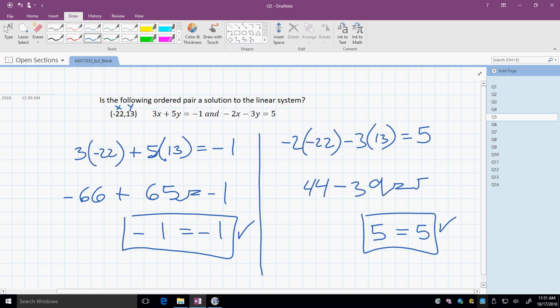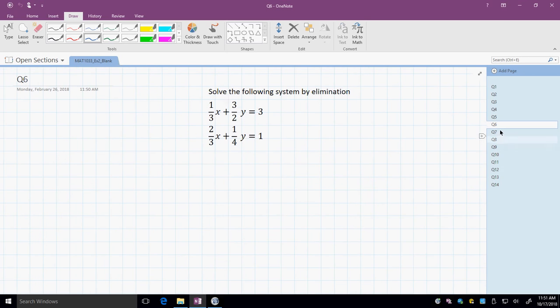So now, number 6, you guys good? Fractions. That looks kind of crazy, but it's always a good way how you can fix fractions, and I'm going to show you one. This looks kind of scary. You need to solve a system by elimination, and you have 4 fractions in there.